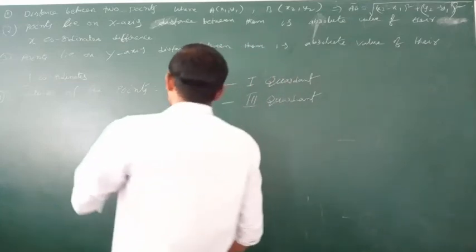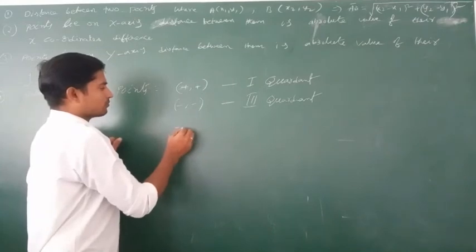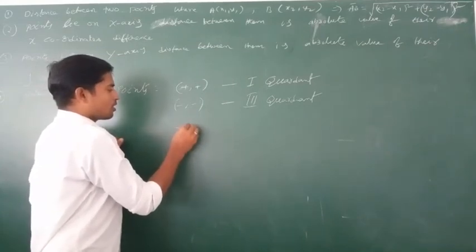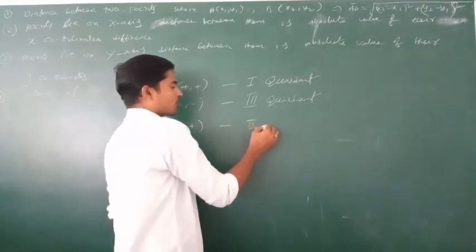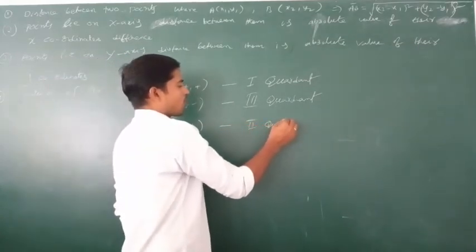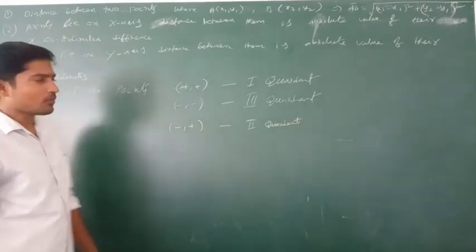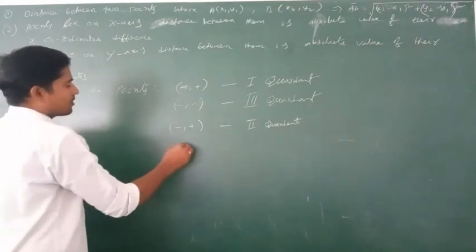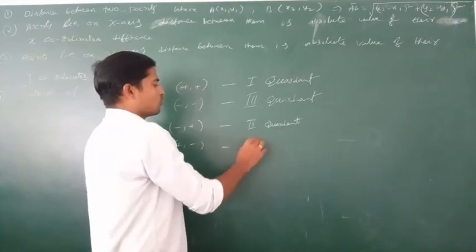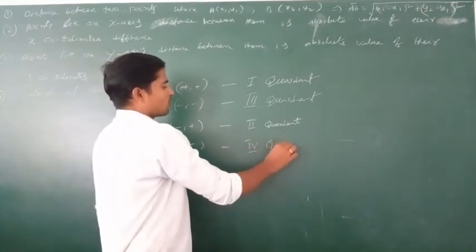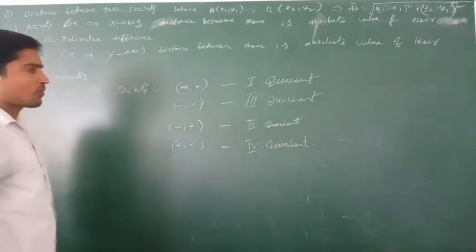Right? Minus plus, second quadrant. And plus minus, quadrant number 4. Right?